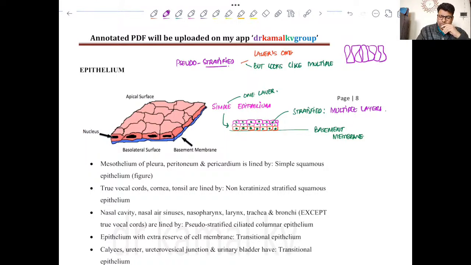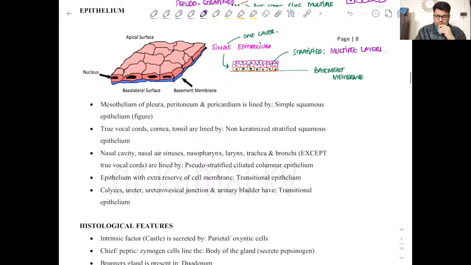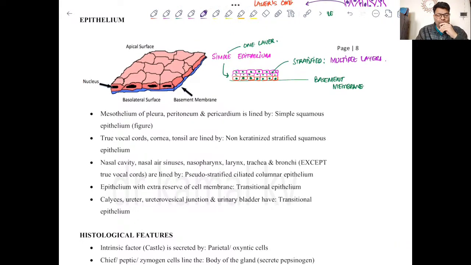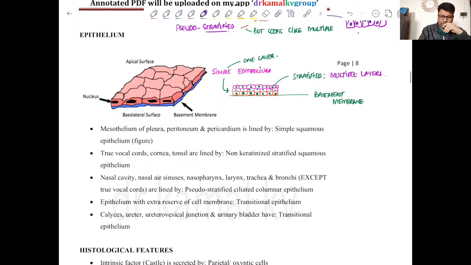So this gives a false impression as if there are multiple layers, but there is only a single layer. The cells are creating a false impression. So this is pseudo-stratified, right? So simple epithelium, stratified epithelium, and pseudo-stratified epithelium.